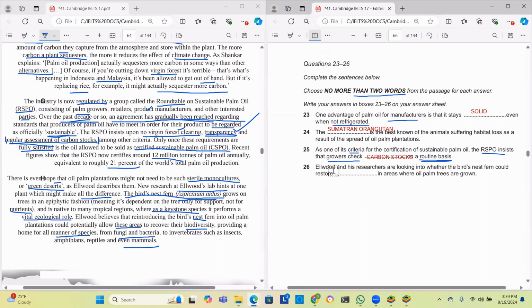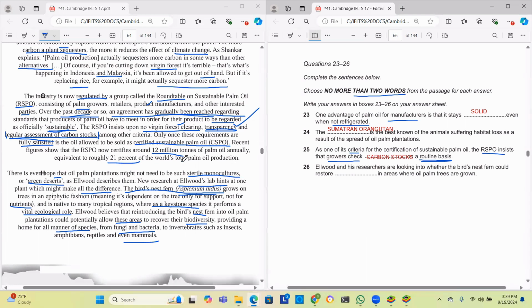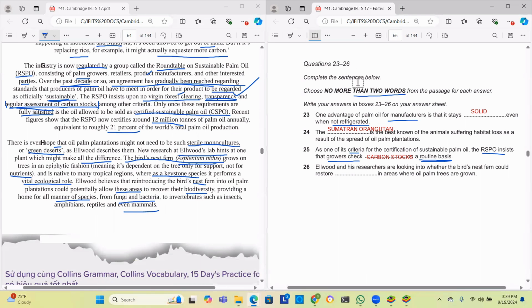Then Elwood and his researchers are looking into whether the bird's nest fern could restore dash in areas where oil palm trees are grown. Okay, let's look for that. So Elwood and his researchers are looking for the bird's nest fern. Where did we read it here, right?